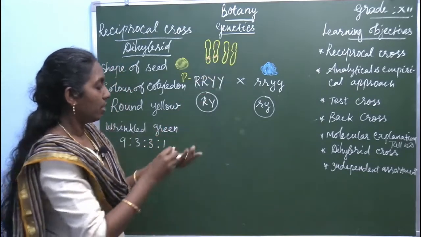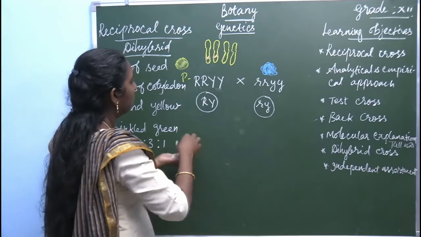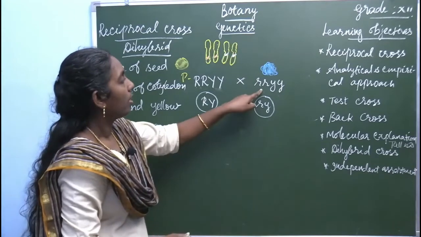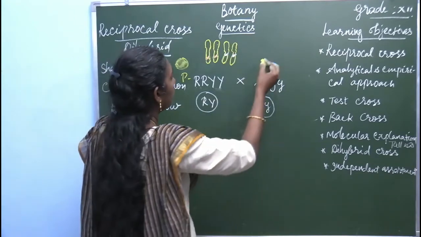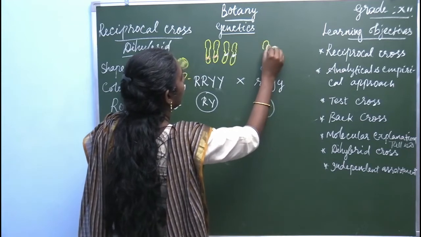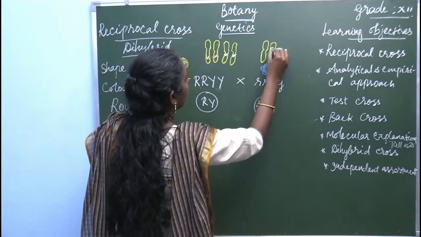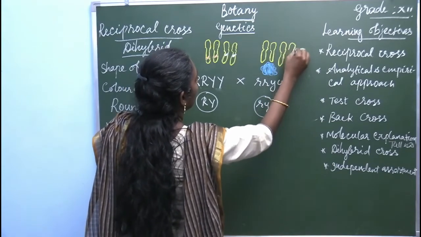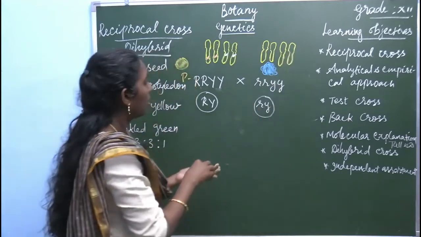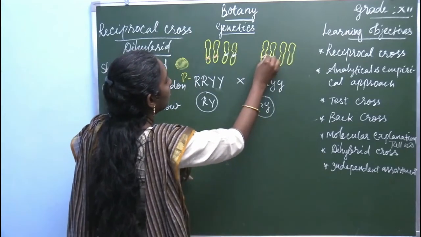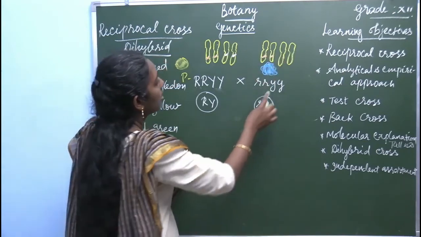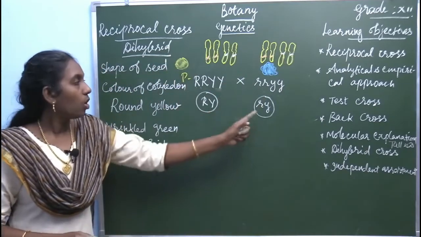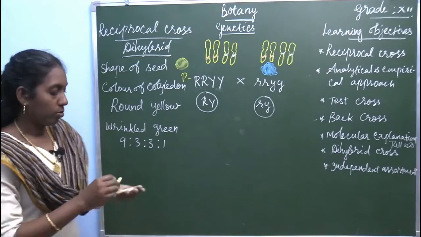The genes are located within the chromosome. Here yellow. Likewise here, small r, wrinkled, and this small y is the green color. In such a way, draw the chromosomes for all these characters clearly.